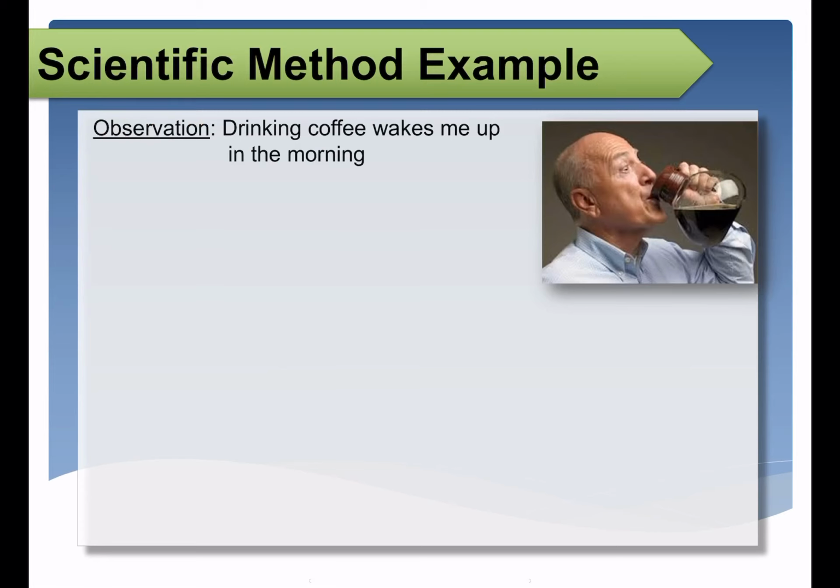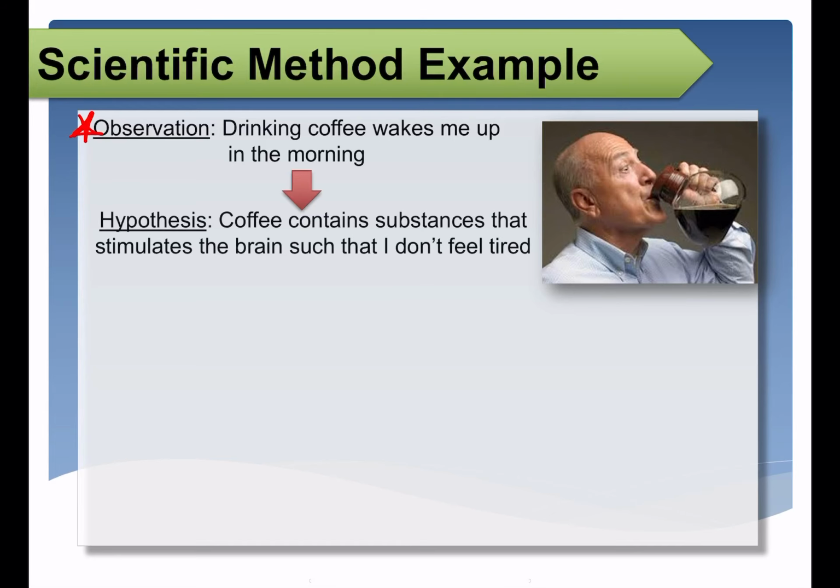Now, here's an example of how the scientific method can be applied. A very simple example just to get you started. Now, we first begin with an observation. Okay, so for example, in this particular observation here, we're looking at how drinking coffee wakes me up in the morning. Okay, as many of you also experience, unless you're tolerant to coffee, of course.